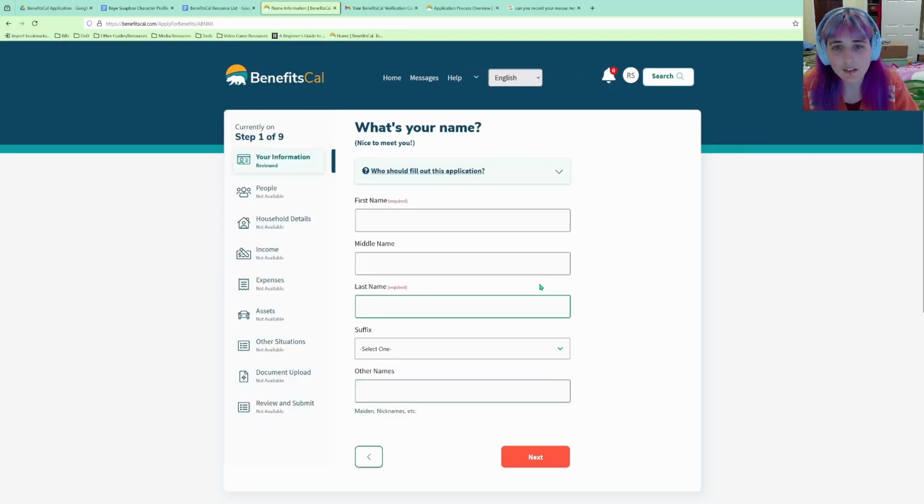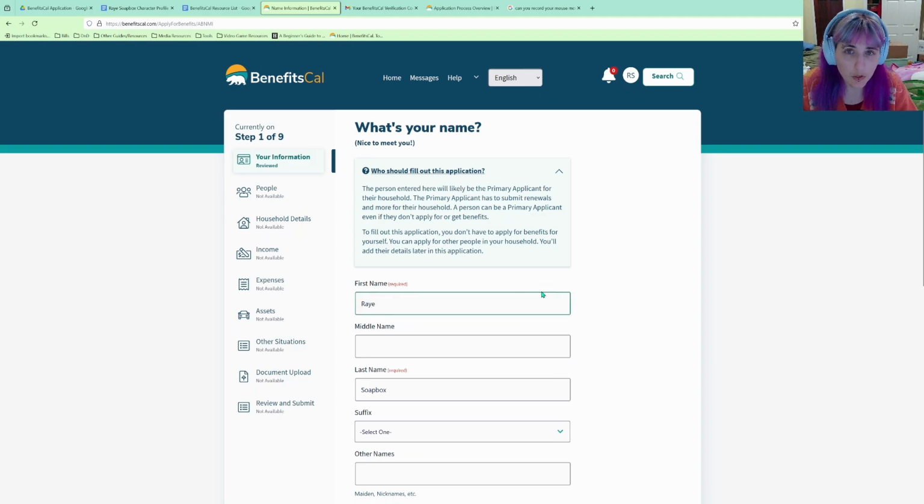Okay, next. So we're going to fill out our information again. Any suffix if you have one, and if you have other names like a maiden name or a nickname, you might include it in here, or a chosen name. I believe you are supposed to put your legal name, and if your legal name does not match your actual name or your chosen name, I generally recommend that people put their legal name if they feel able to.